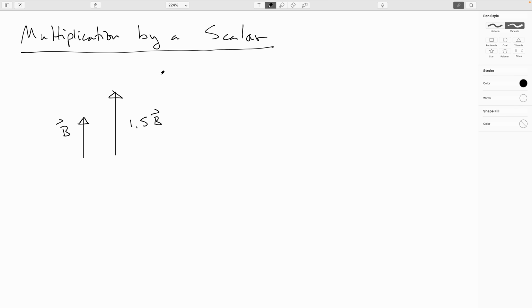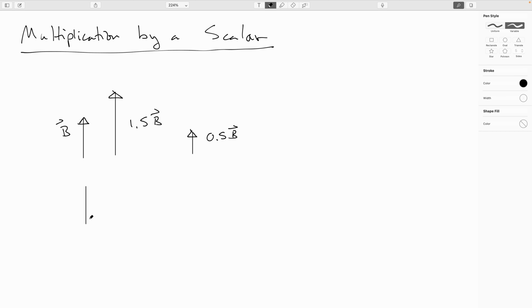That's it. And if I wanted to do 0.5b, I just draw one that's half the length like that. There we go. And if I wanted to negate, what I do is I flip the vector.